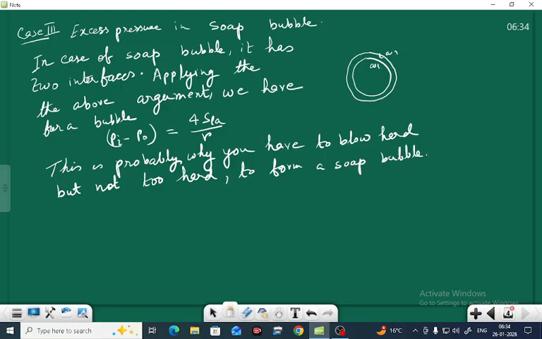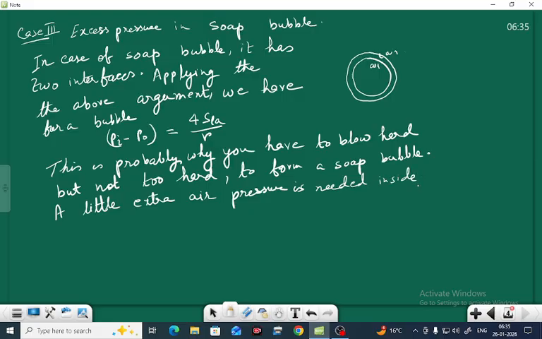So we have explained three ways. A little extra air pressure is needed inside.